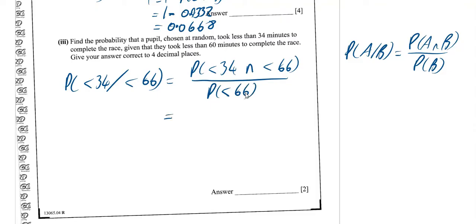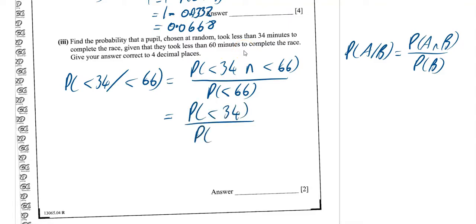Okay, now let's think about this one. If I told you I am less than 60 years old, and I also told you I am less than 34 years old, then the less than 34 would override the less than 60. So the probability of less than 34 and less than 60 really just means the probability that something is less than 34.